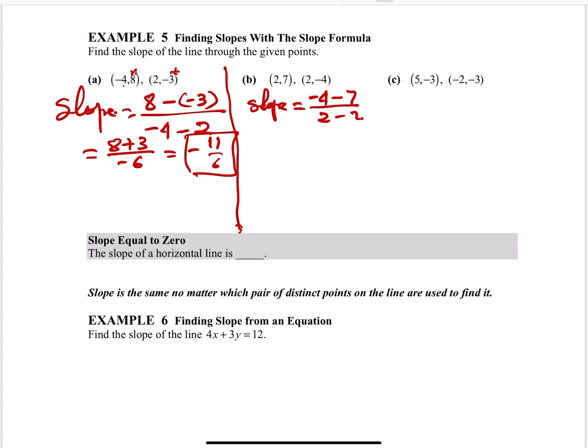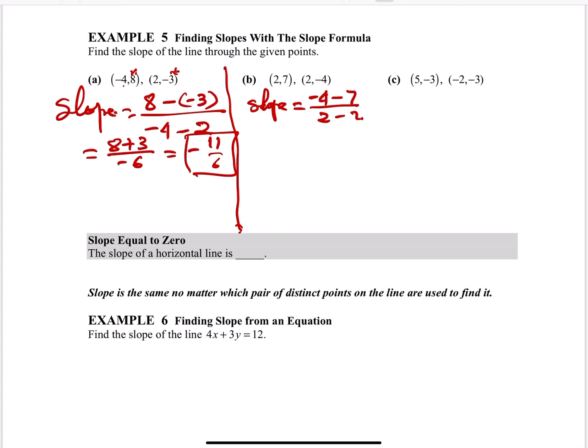Okay? Careful. You can also write it like this if you want, you don't have to: -7 minus parenthesis -4 divided by 2 minus 2. Either way will work. It doesn't matter which one you start with.